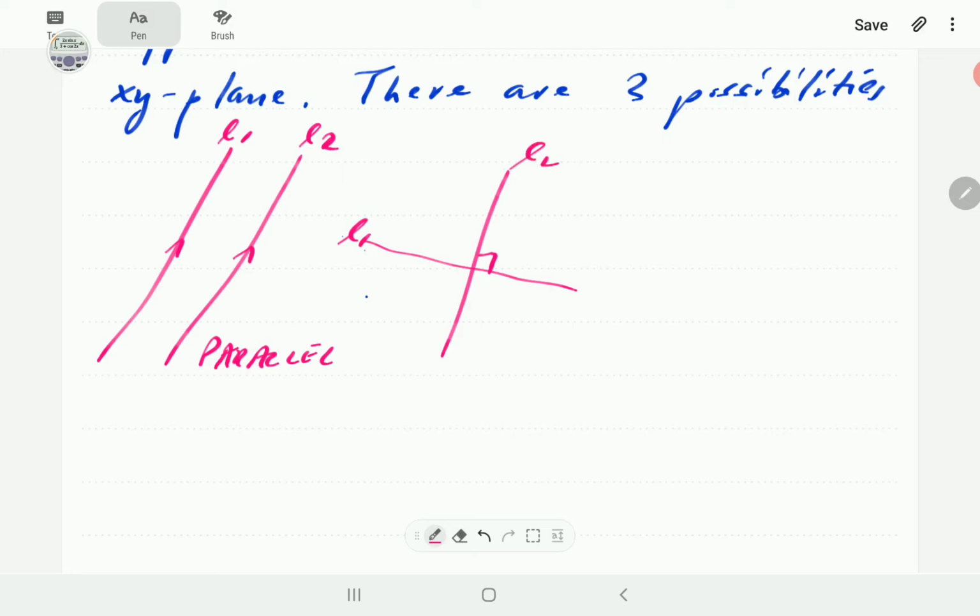So in this case, L1 and L2 intersect at 90 degrees. So we say these lines are perpendicular. In the first case, where the two lines are parallel, they never intersect.